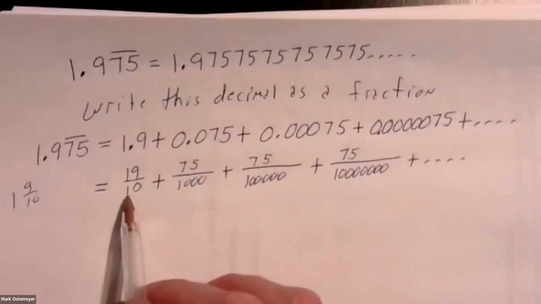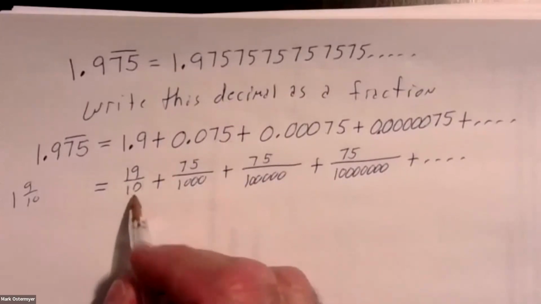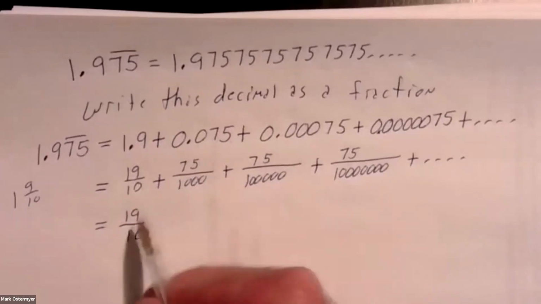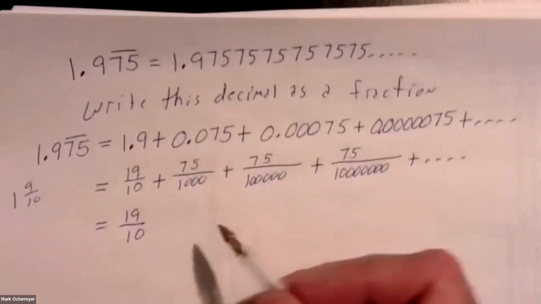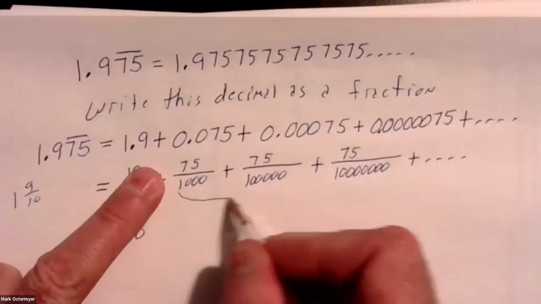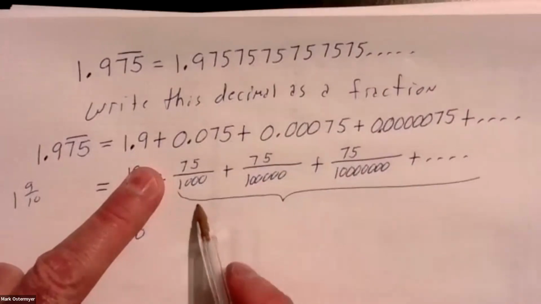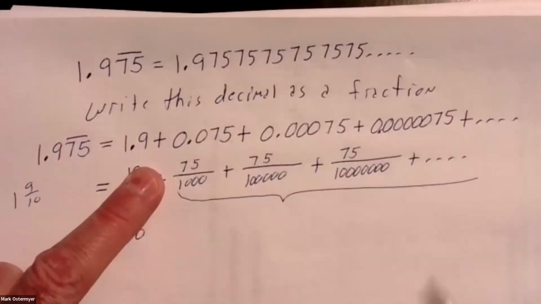Now, I don't care about my first term. I'm not going to involve it in my convergent infinite geometric series, but I am going to have to add it in the end. So I'm not concentrating on this part of the series. I'm going to concentrate later on this portion of the infinite series, from this term on to infinity.